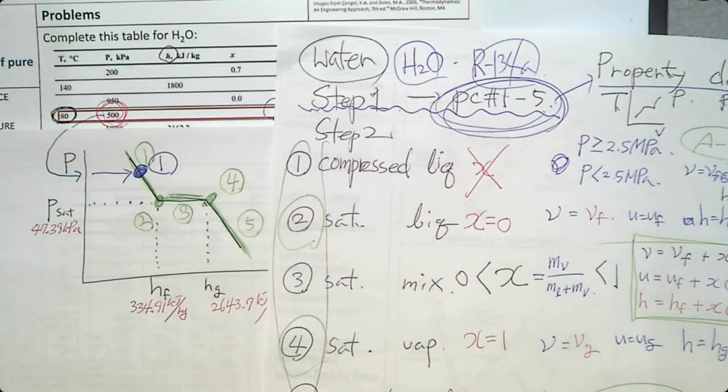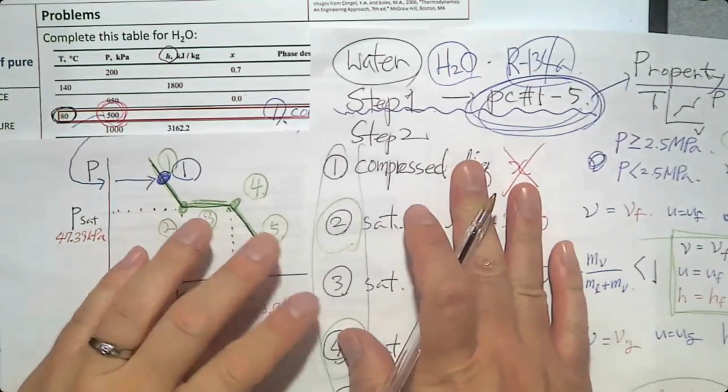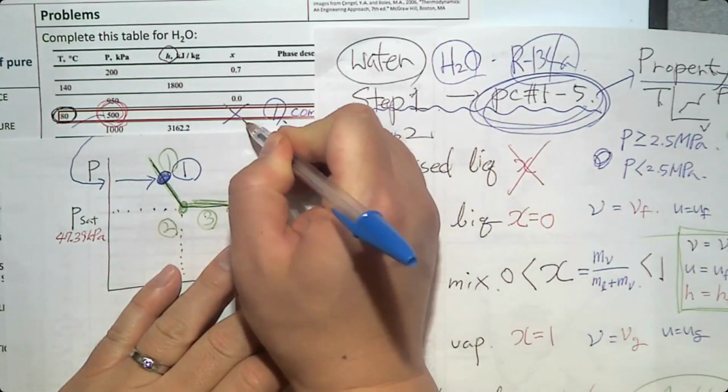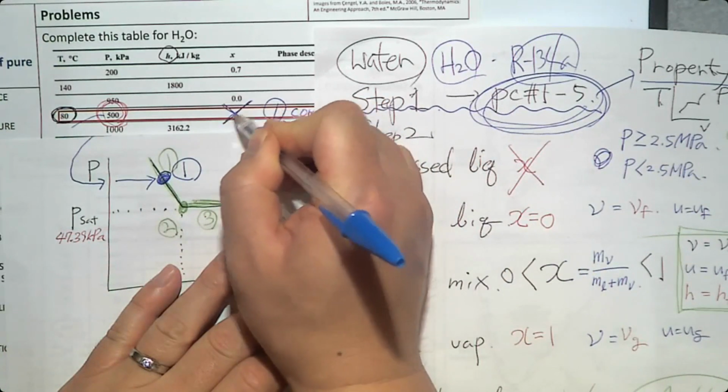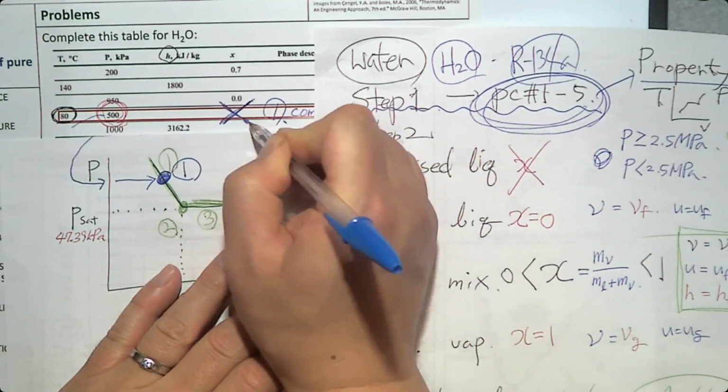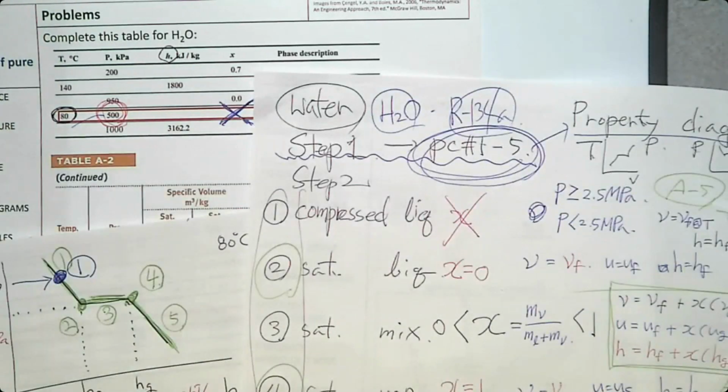So this is not a saturation, right? So there's no quality x. Saturated liquid has quality x because it is at saturation. This one is not. So there's no quality x. So I have to say, oh, there's no quality x. No, you cannot leave it blank. You need to cross it out to show that there's no quality x.